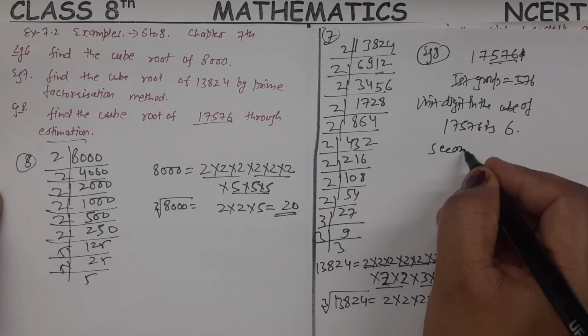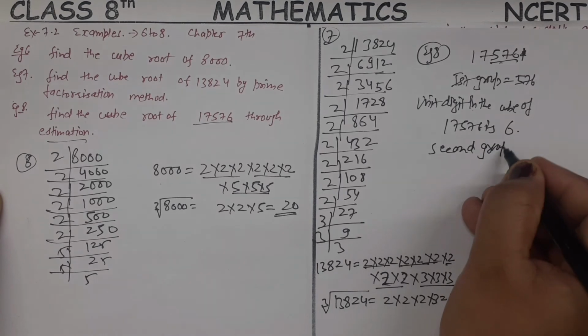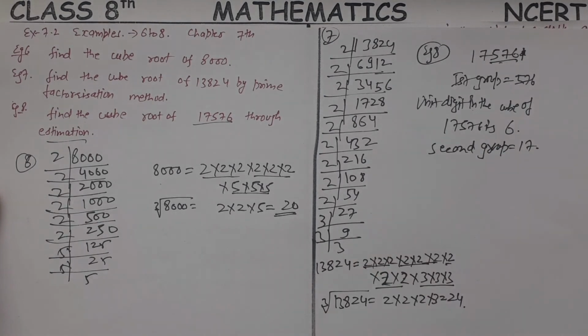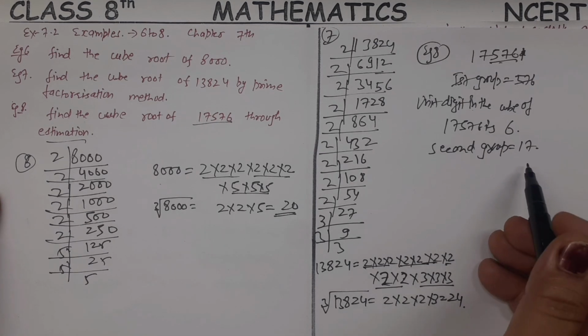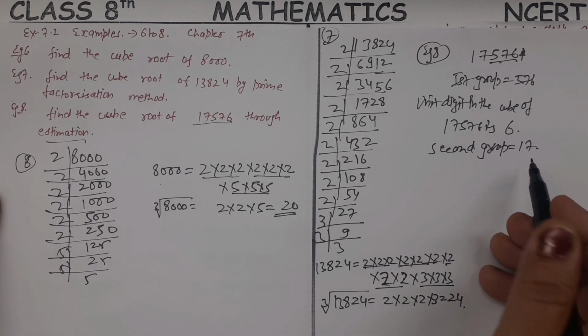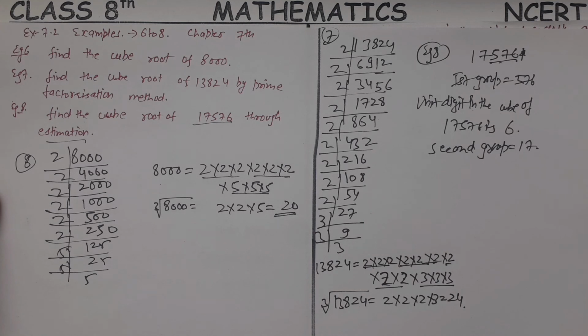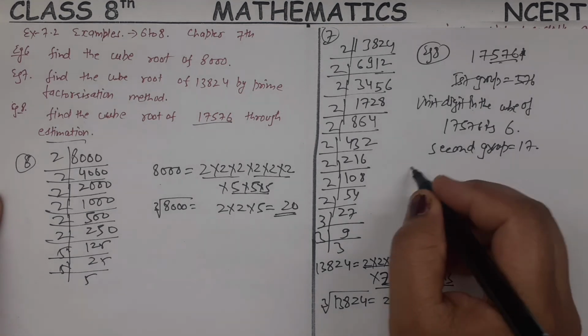Second group 17. Now we will write its tens digit, whose cube is equal to 17 or less than 17. That is 2 cube. 2 cube is 8, 3 cube is 27. 27 is greater than 17. So we will write here 2.